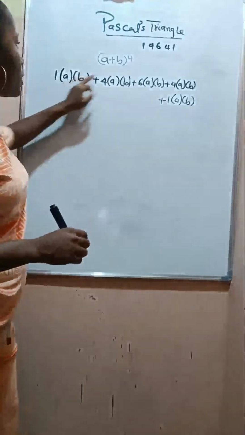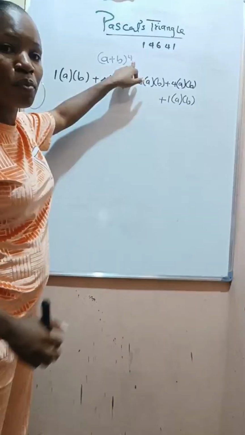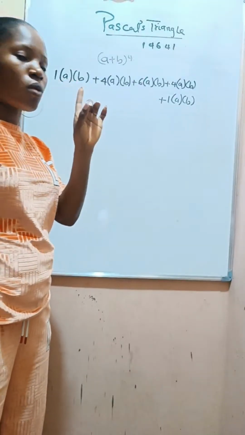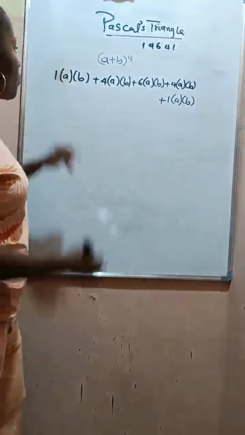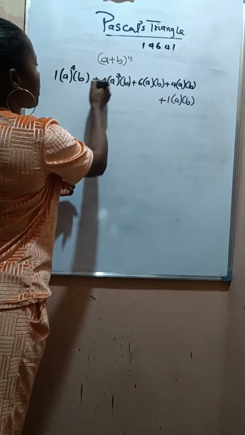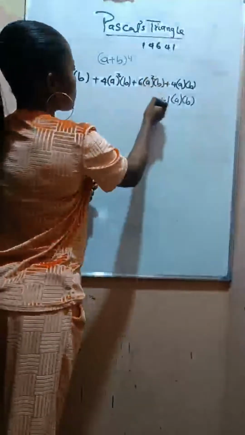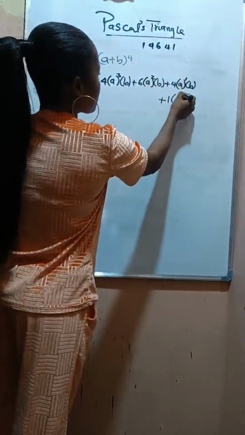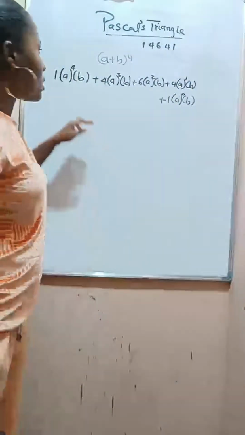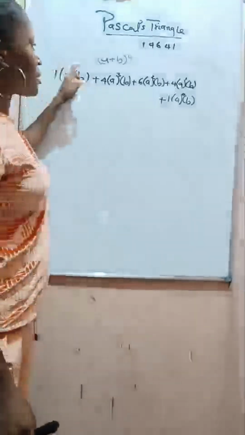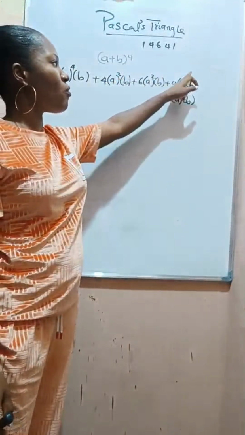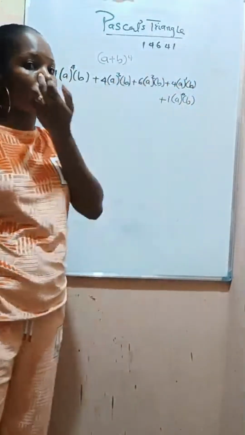This is the power of 4, that is the highest power. So we are going to start with a to the power of 4, then we go down: a to the power of 3, a to the power of 2, a to the power of 1, and a to the power of 0. Very easy, right?